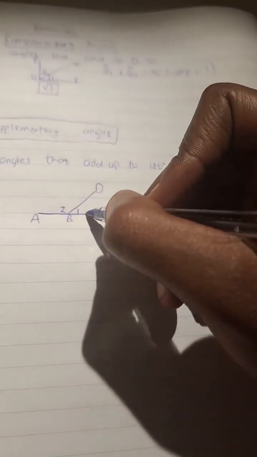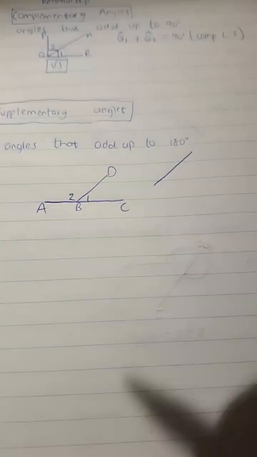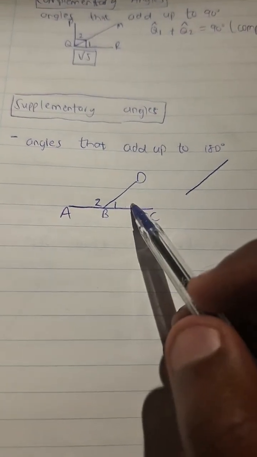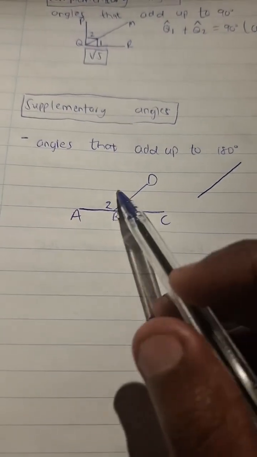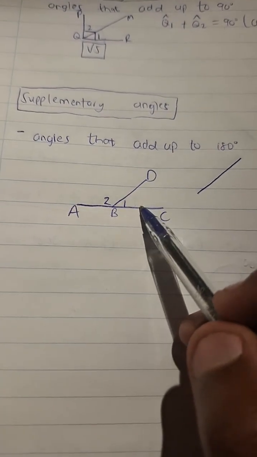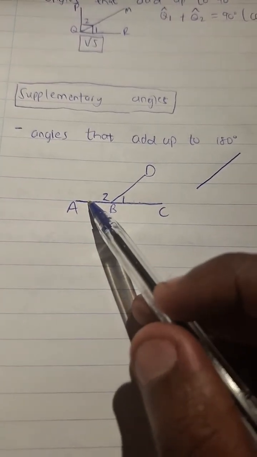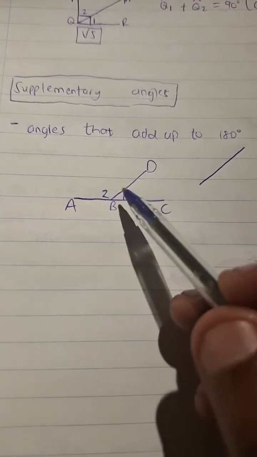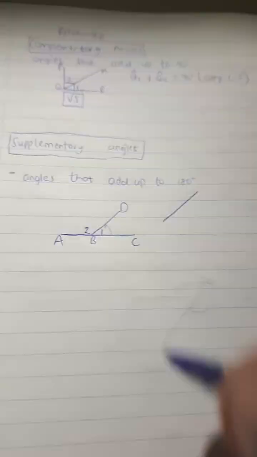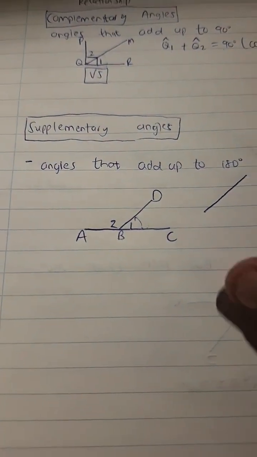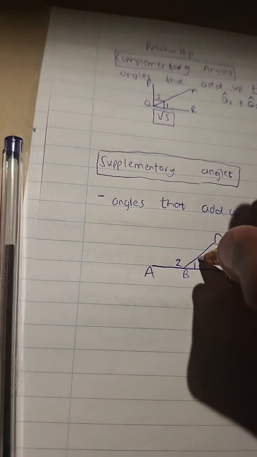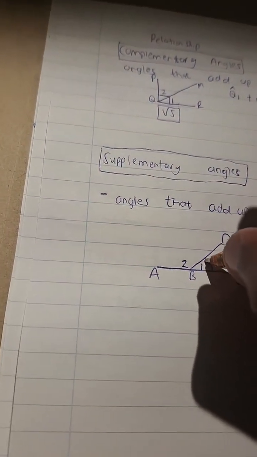So I'm sure you guys know from what we had just done earlier on that a straight angle is equal to 180, from here all the way to there. So angle B1 is from here to this point. Does that make sense? That's angle B1 from here up until this point.